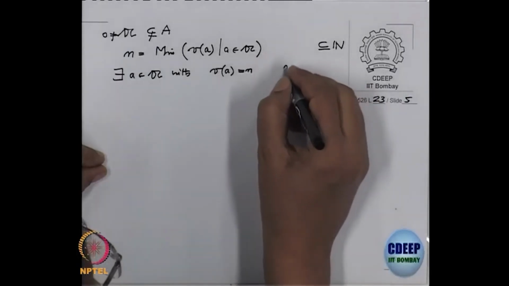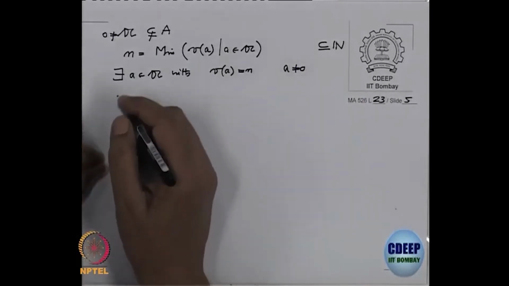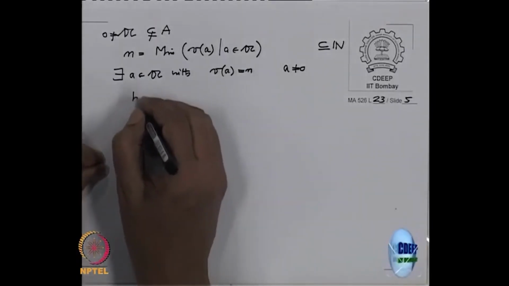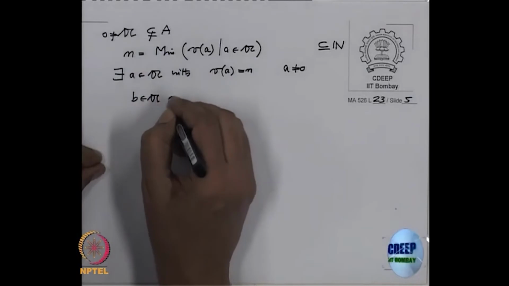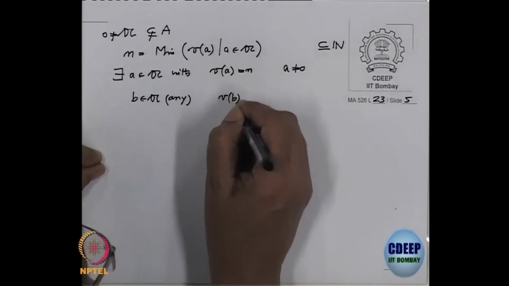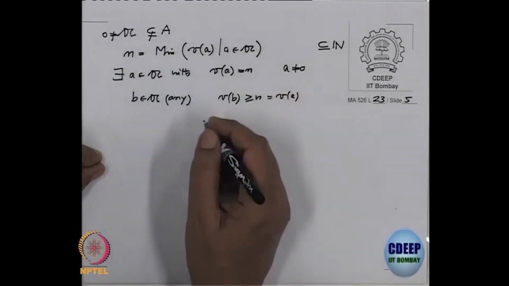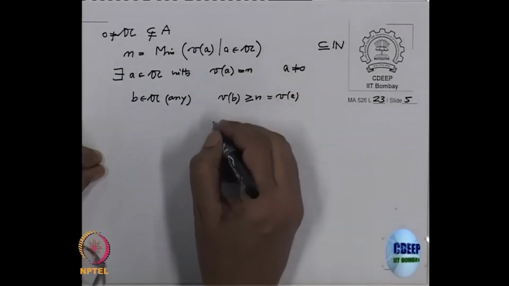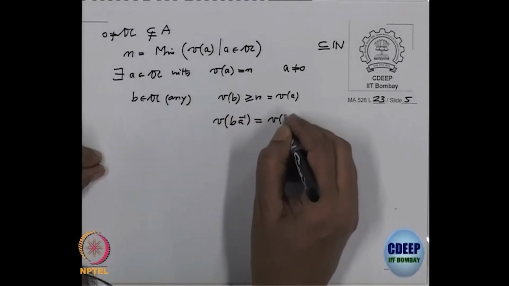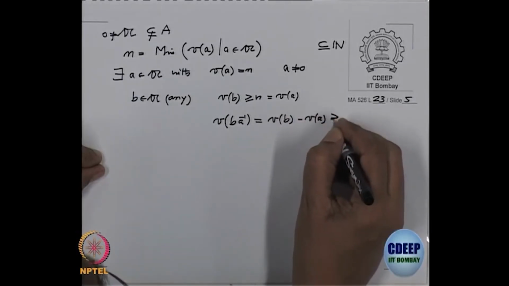But then a cannot be 0. Now you choose an arbitrary b. I want to show that this a is the generator of the ideal 𝔞. So, take any b in 𝔞, and then look at V(b). V(b) is bigger or equal to n, which is V(a). Therefore, by the group homomorphism property, V(b a inverse), which is V(b) minus V(a), is bigger or equal to 0.